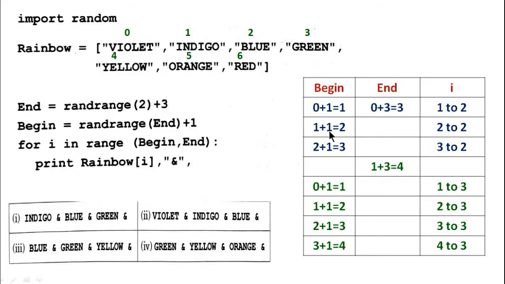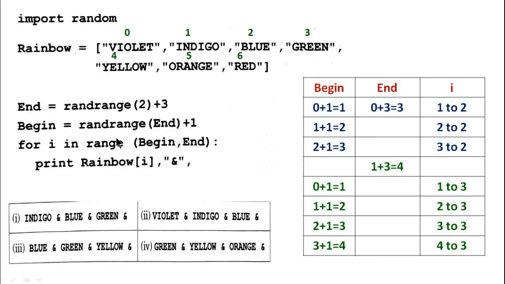First we will see what are the possible values for begin when the value of end is 3. Randrange of 3. What are the possible values? 0, 1 or 2. And see, begin equal to randrange of end plus 1. So what are the possible values for begin? 0 plus 1, 1, 1 plus 1, 2 and 2 plus 1, 3.